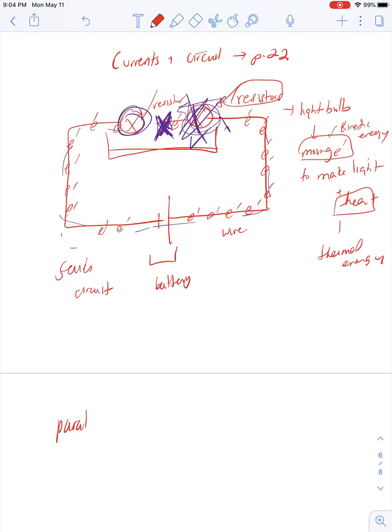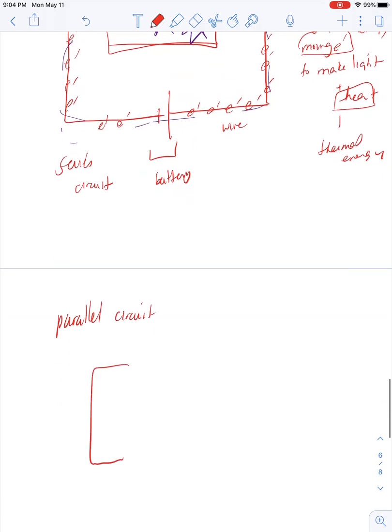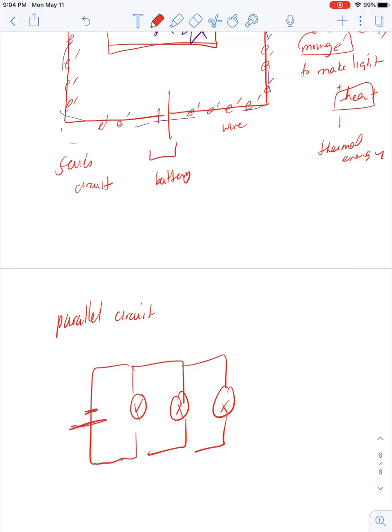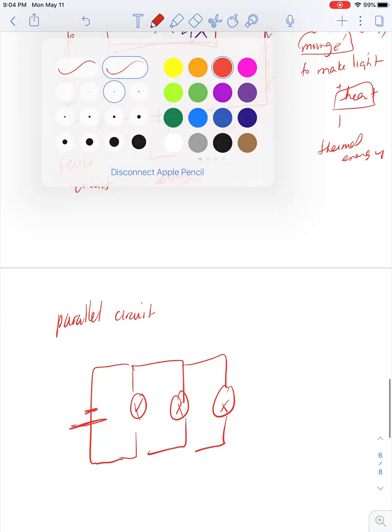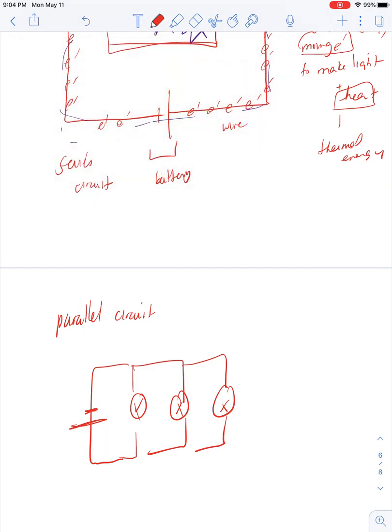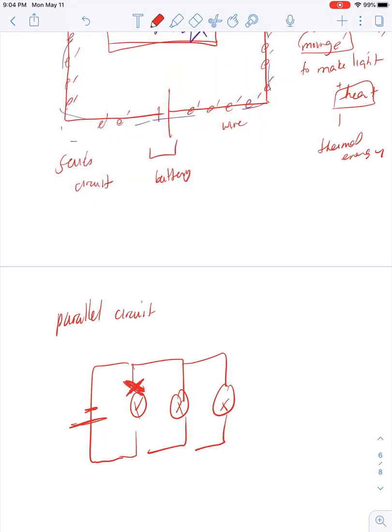And then a parallel circuit looks like this. A parallel circuit is, you can see, these resistors are parallel to each other like that. And here's the battery. And you can see in a parallel circuit, if I have a break here, the electrons can't flow here, but the electrons can still flow here, and the electrons can still flow here.